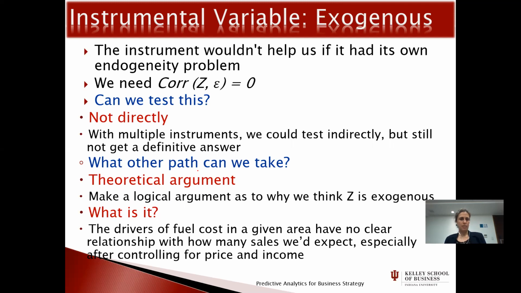Mathematically, what we need is that the correlation between that variable and your error term be 0. The problem here is that we don't observe epsilon. We don't observe the error term, this unobservable component.